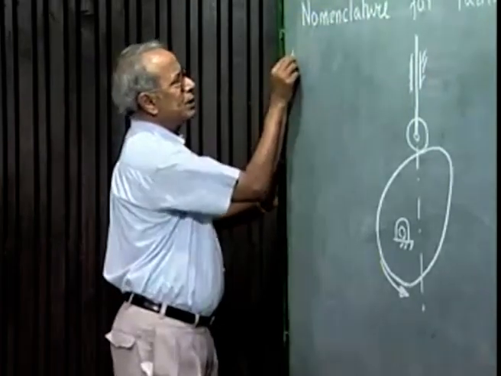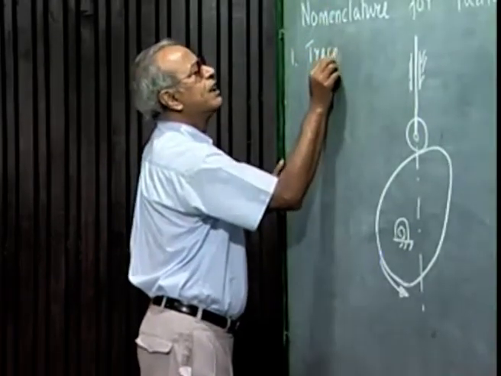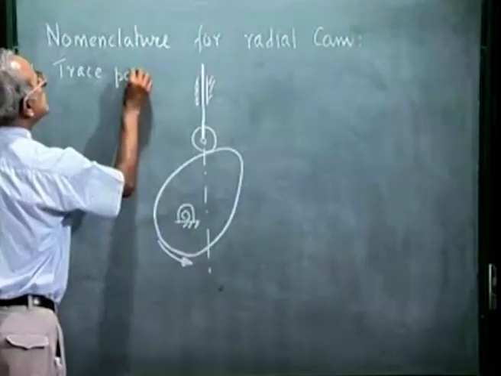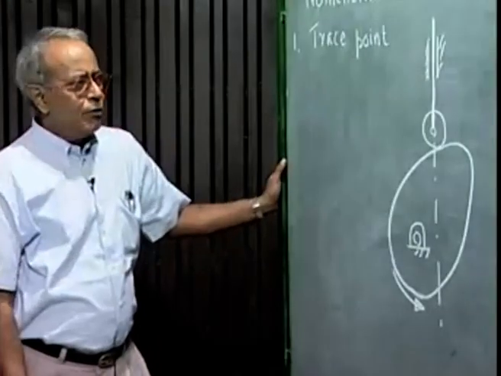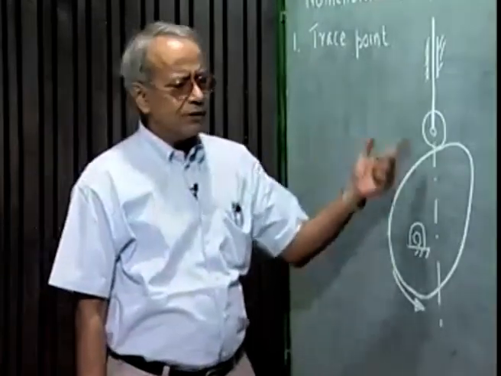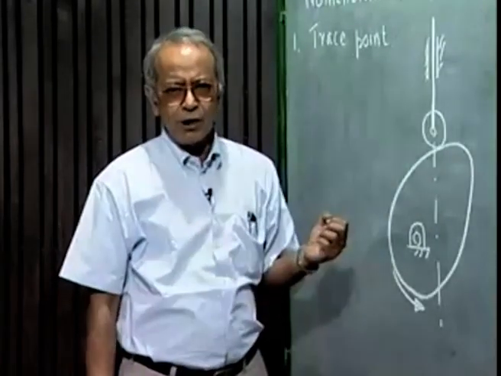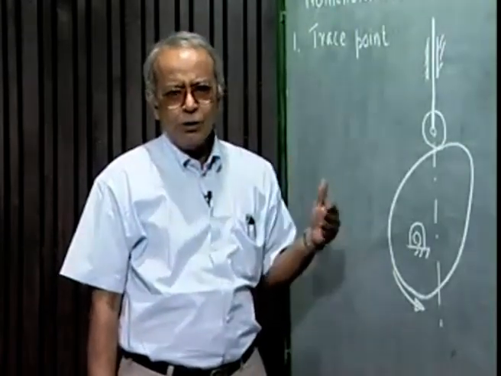So first we define what we call a trace point. If we want to describe the motion of the follower for a translating follower or for an oscillating follower, we must say which point of the follower we are going to use to describe the motion.